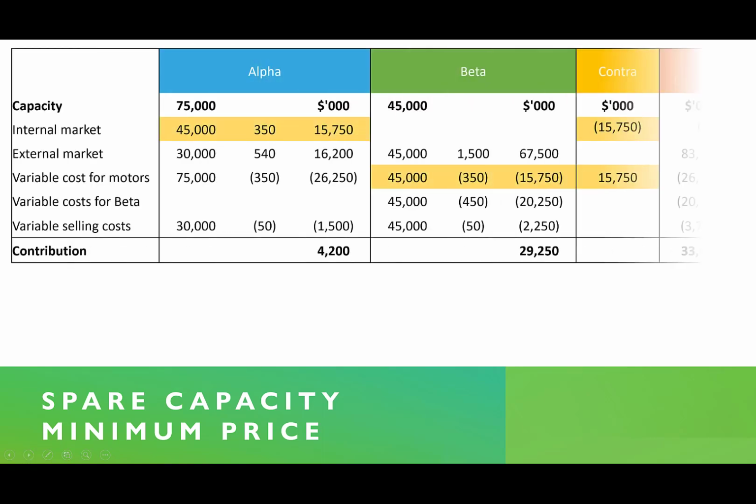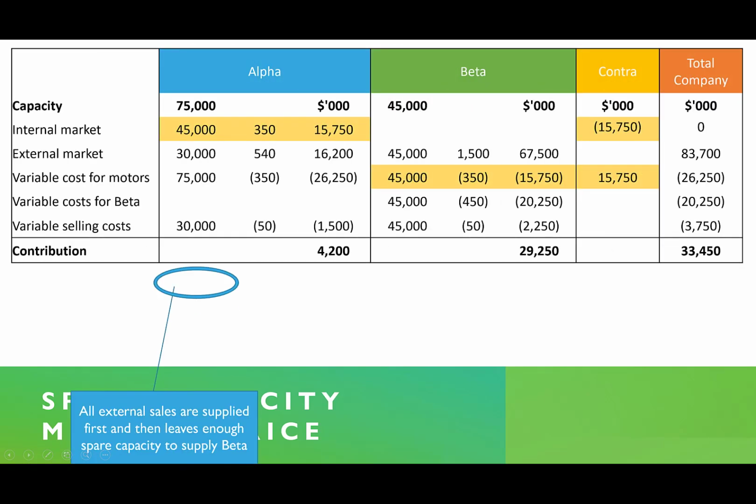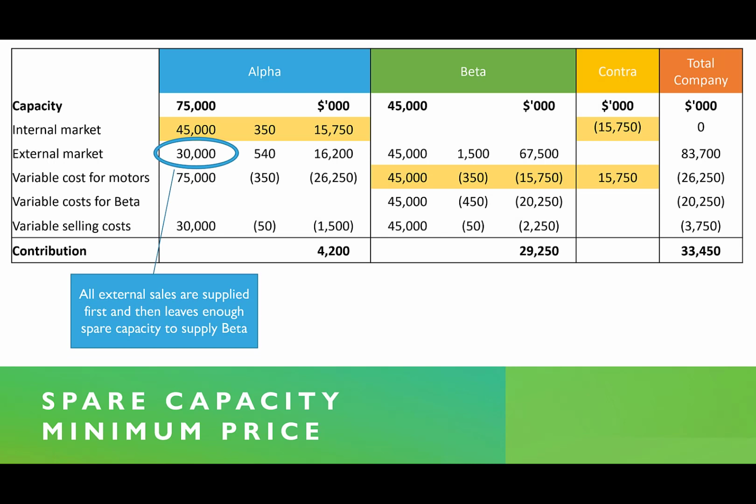So here now we're going to be looking at the numbers of the two divisions based on the fact that Division A has spare capacity and a minimum price should be set. So if we look at Alpha's profit statement here, all the external sales are supplied first, and then this leaves enough spare capacity to supply Beta.